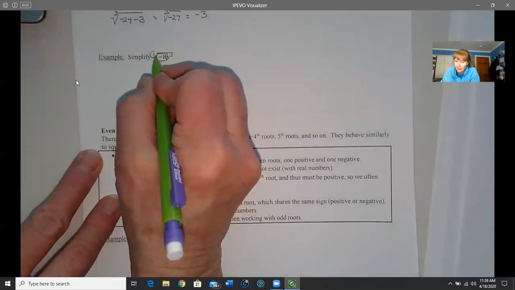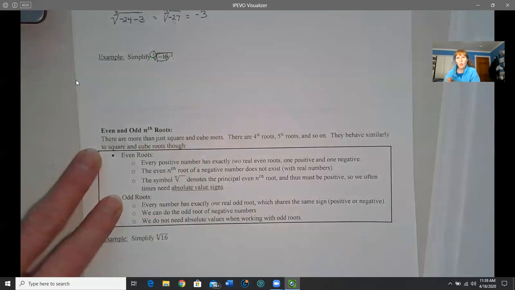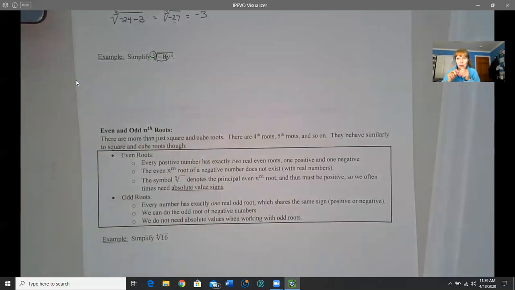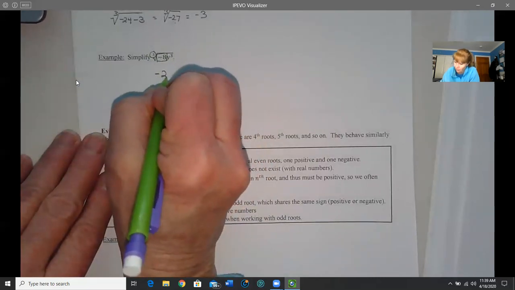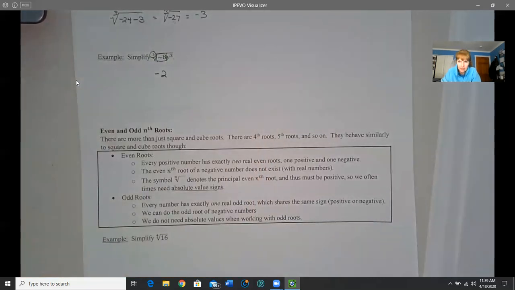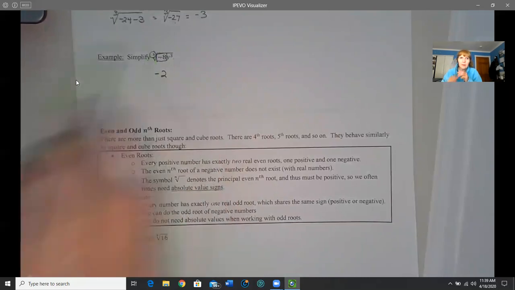What 3 things, our index is 3, what 3 numbers multiplied together give you a negative 8? The 8 would be 2 times 2 times 2, and you just carry the negative. So negative 2 times negative 2 times negative 2 gives you the negative 8. You can have a negative if the index is odd.